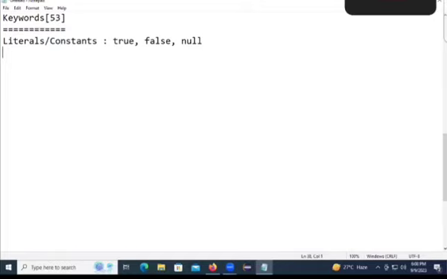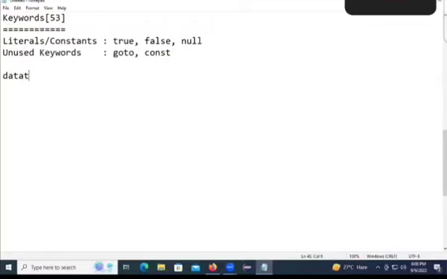Predefined constants: true, false, null. And there are two unused keywords also. Now they are not being used: goto and const. They were there, but are now not being used. Still, they are left in the keywords.